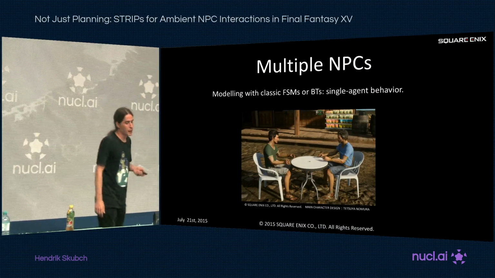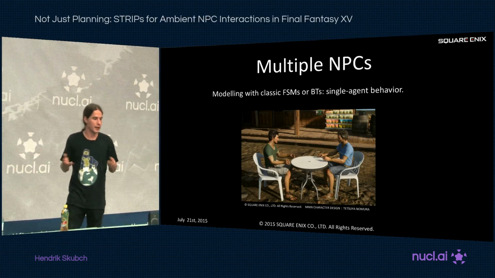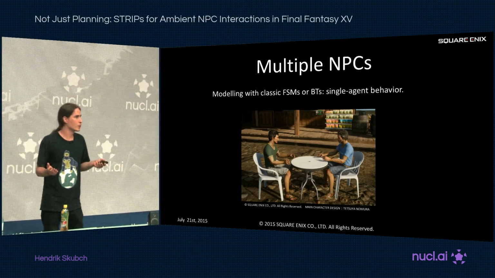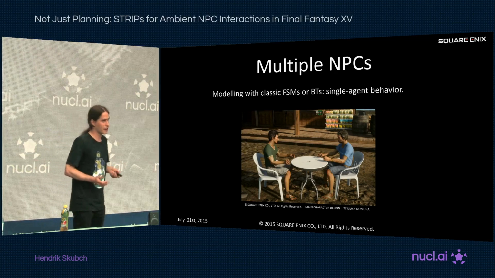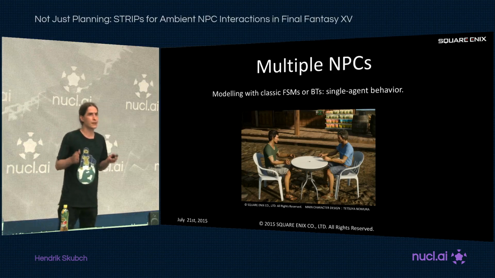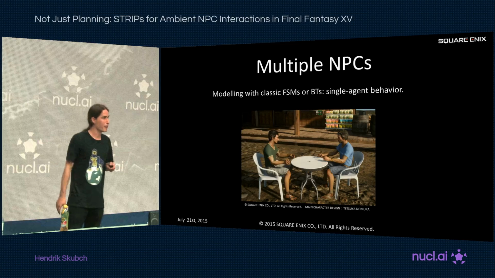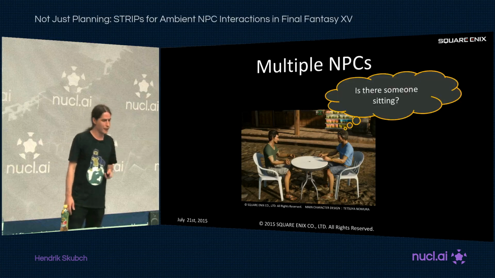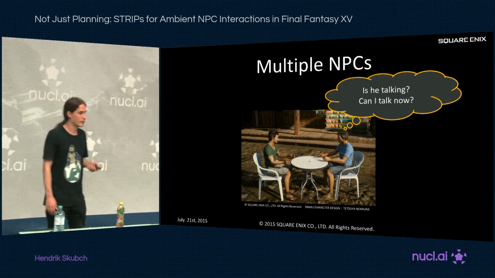And we want to place multiple NPCs there, somehow interacting with one another. We would typically use a state machine or behavior tree to model their behavior, but they are more or less geared towards single agent behavior, not so much towards interactivity. So we have a hard time answering questions like, is there someone sitting on that other chair?